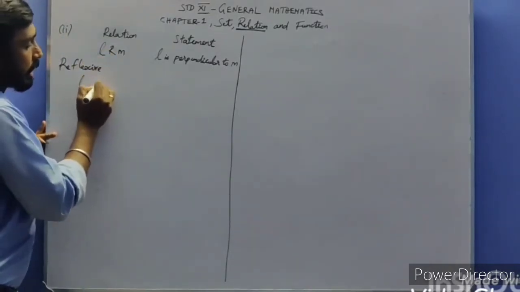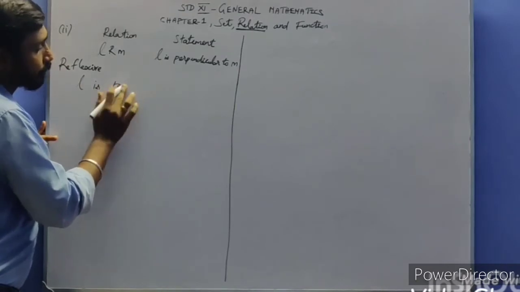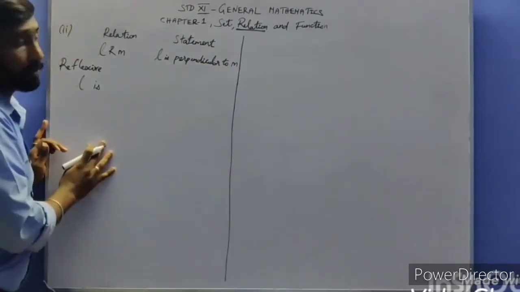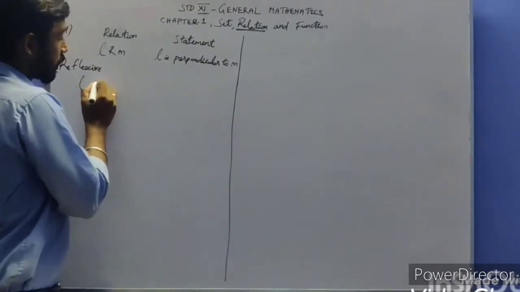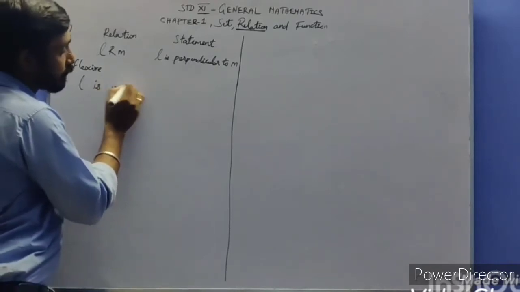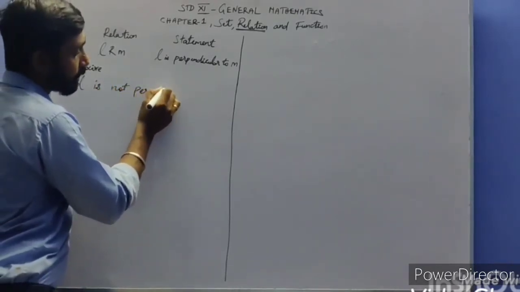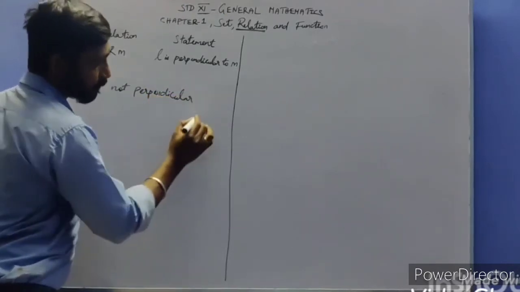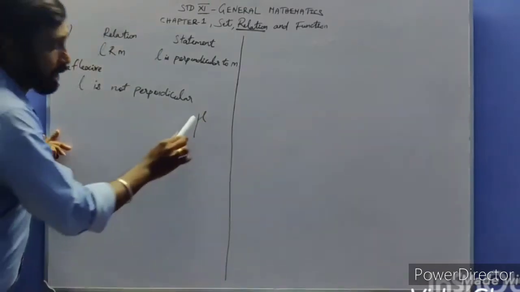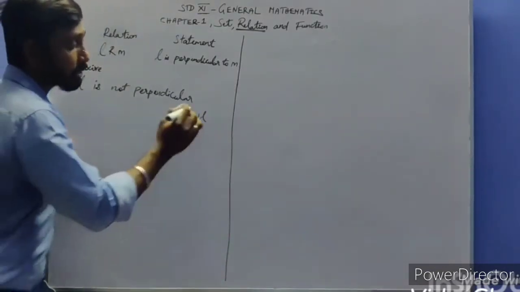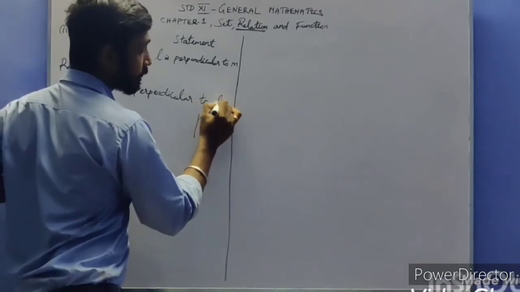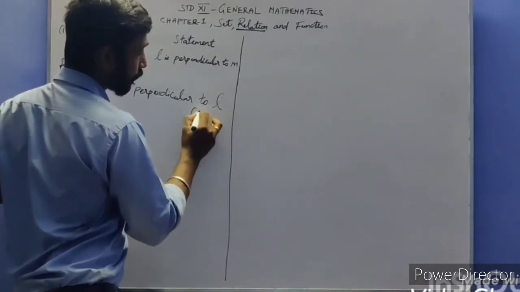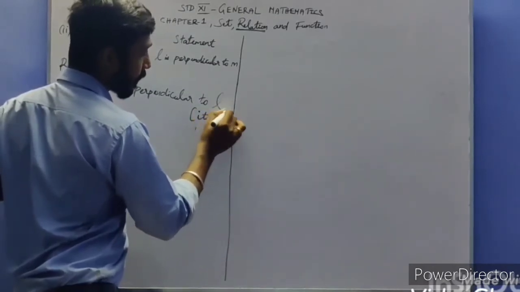So here they are giving L is perpendicular to M. If we write the statement now, L is not perpendicular to L, because if the line is L, L perpendicular to L would mean L is perpendicular to itself.